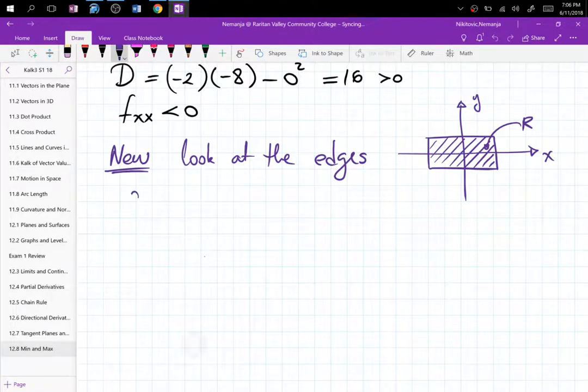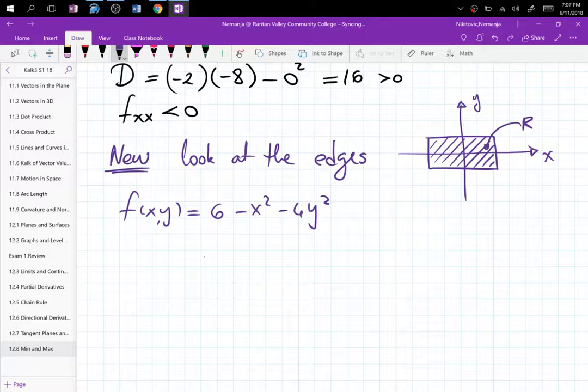I have f of x, y given as 6 minus x squared minus 4y squared. And now I am going to label these 1, 2, 3, and 4 for the 4 calculations that I'm going to do. Calculation number 1 has the equation y equals 1.